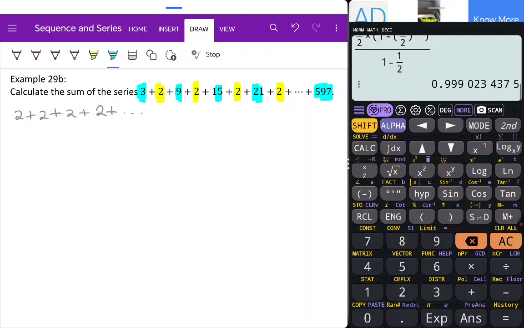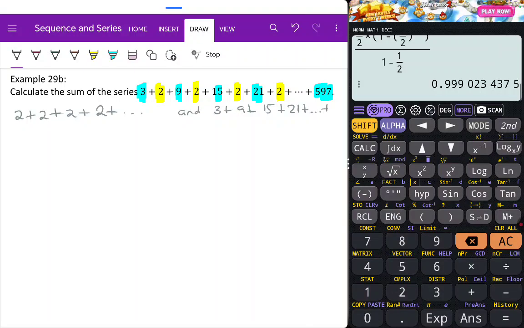So we know that 597 is blue because the yellow one is all 2's. So let's write this one out. Our second series is 3 plus 9 plus 15 plus 21 plus ellipsis plus 597. Okay, these are our two series.